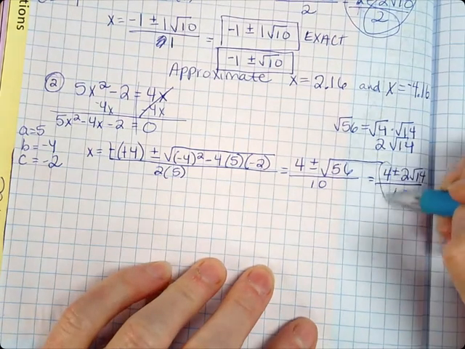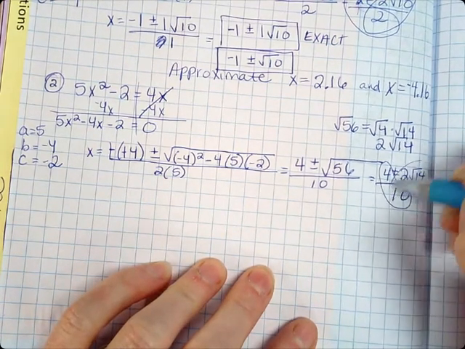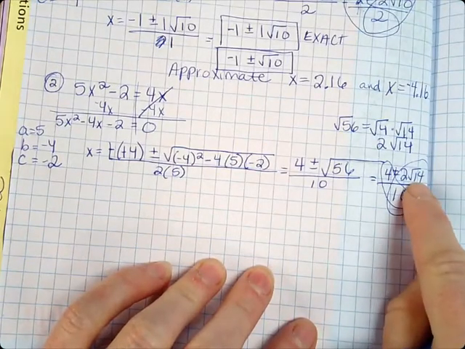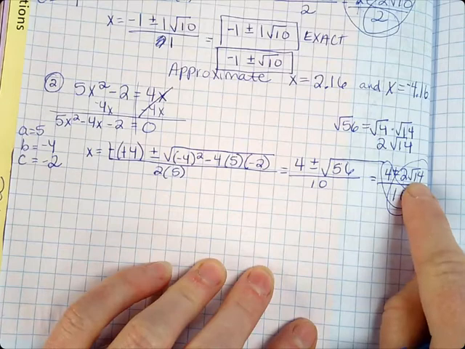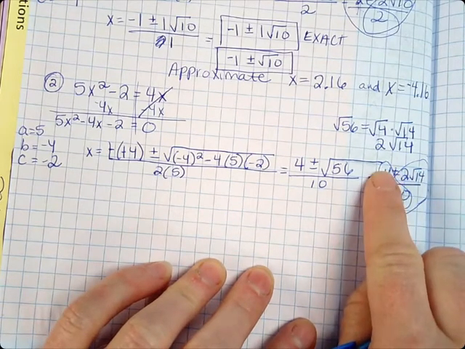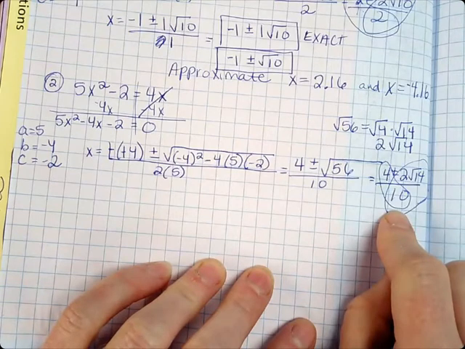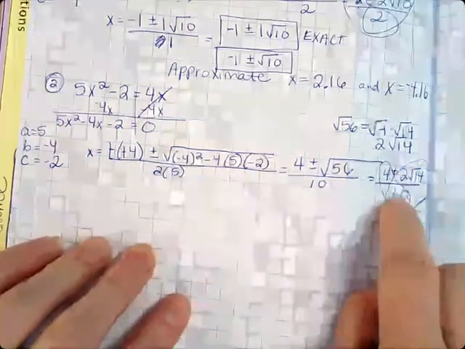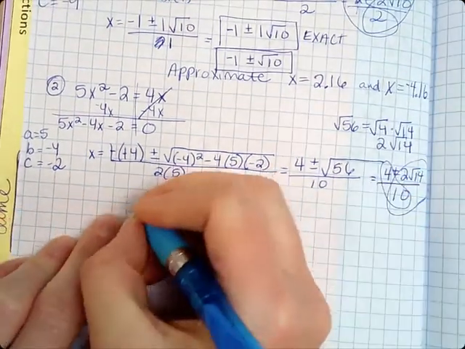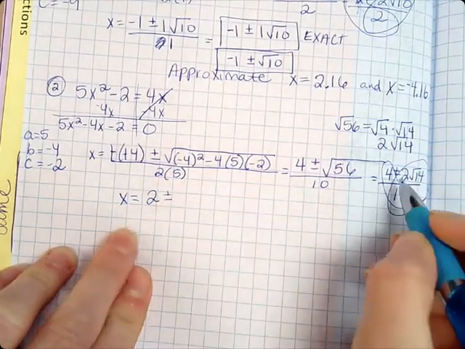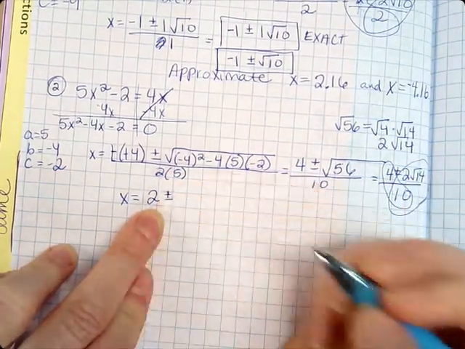So then we simplify the 4 and 10 and then the 2 over 10. The square root of 14 is going to stay square root of 14. We aren't going to simplify that because we've already simplified it as much as we can. So what will go into both 4, 2, and 10? 2. So we're going to evenly divide each one of these by 2. So 4 divided by 2 is 2 plus or minus 2 divided by 2, 1.